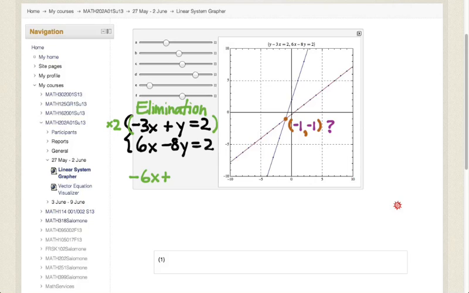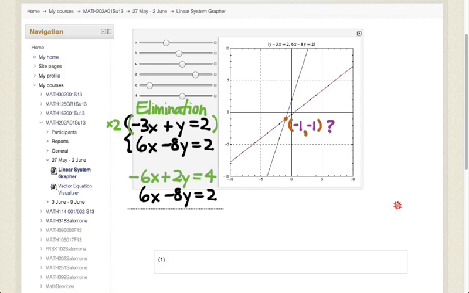So -6x plus 2y equals 4 is what we would have for the first equation, and then the second equation remains the same. Multiplying that first equation by 2 balances out the coefficients of x. Now adding these two equations together eliminates the x.